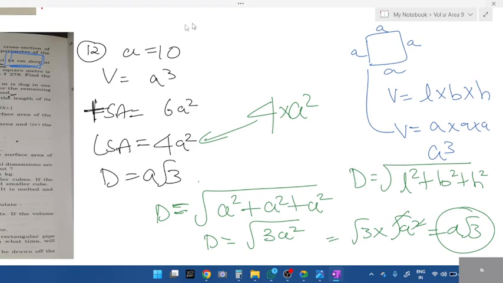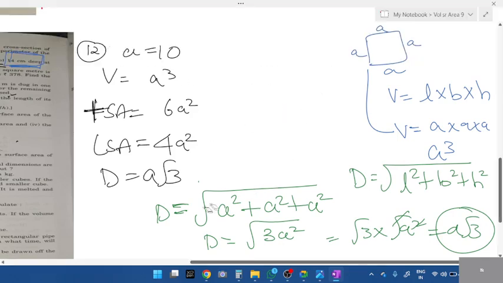Understood how to derive the formula, students? You'll understand. Now solve the question.